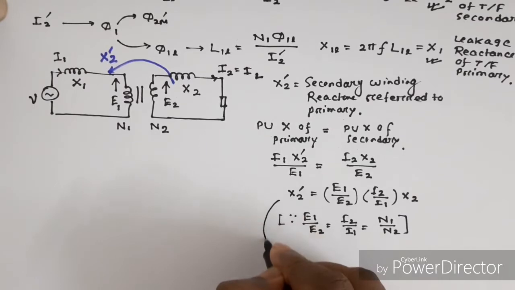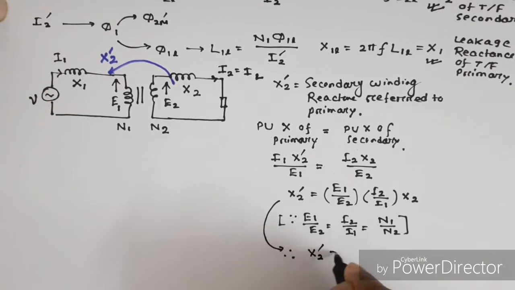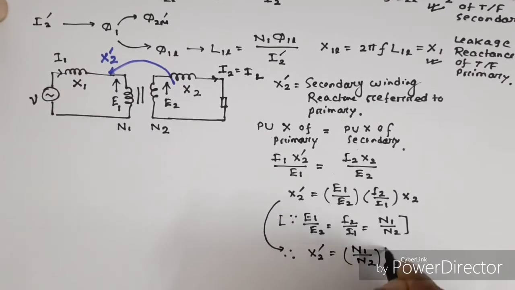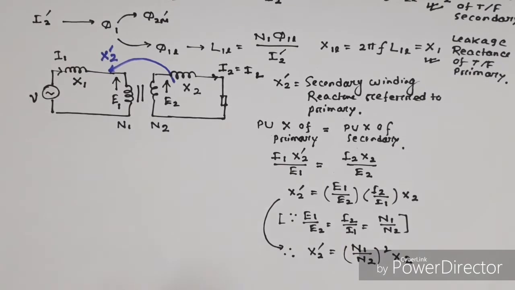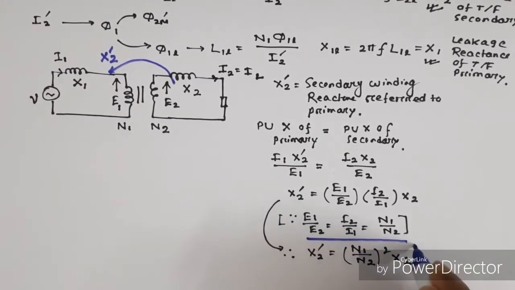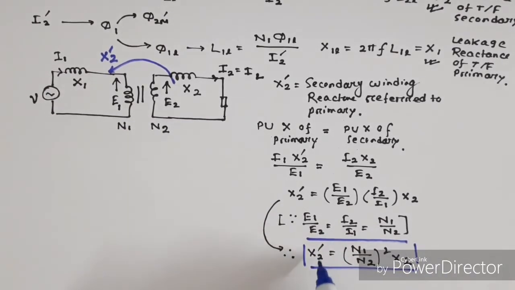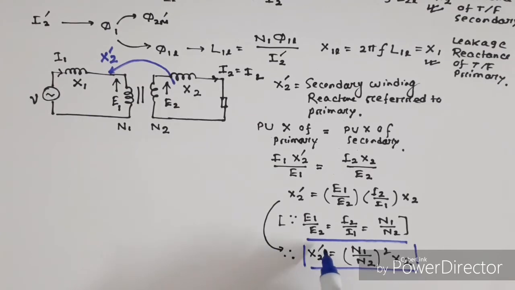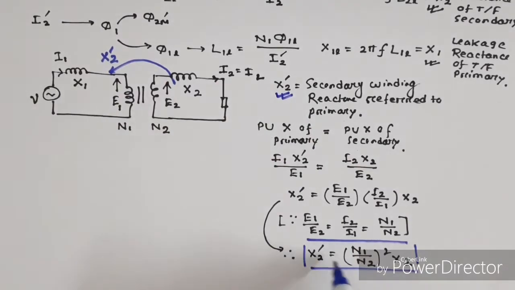Therefore, using this formula, I can write down X2 dash equal to (N1 by N2) square into X2. This is one of the important formulas. You have to remember this. The secondary winding reactance referred to primary, that means X2 dash, equals (N1 by N2) square into secondary winding reactance X2.